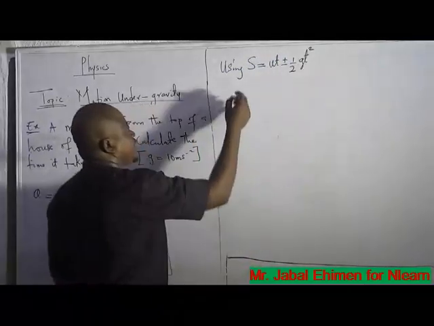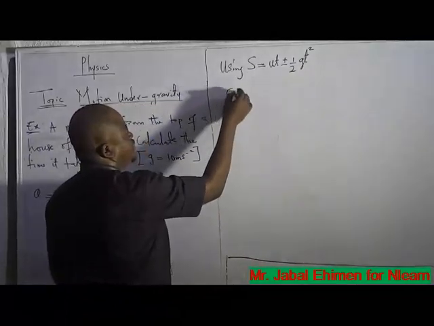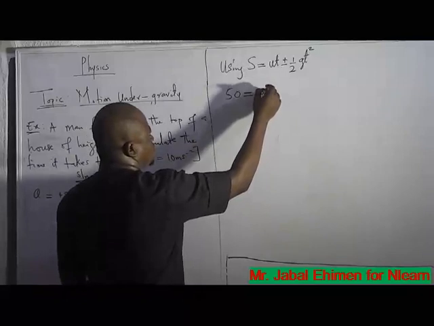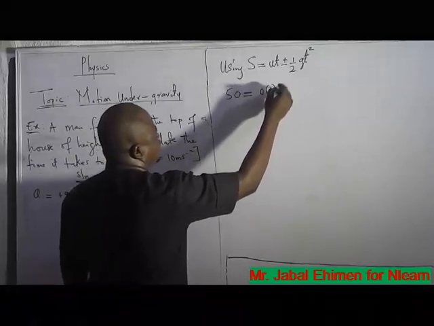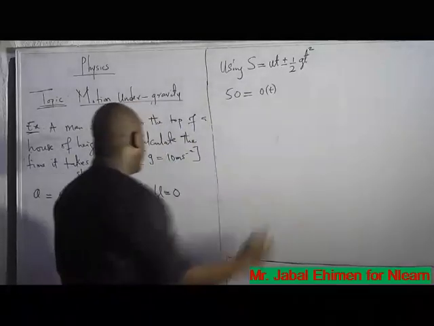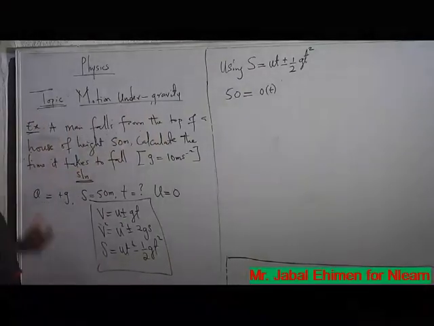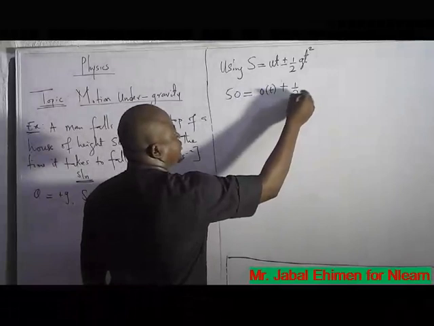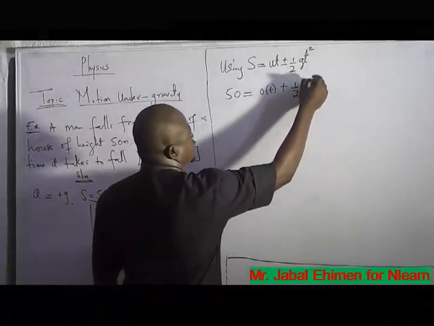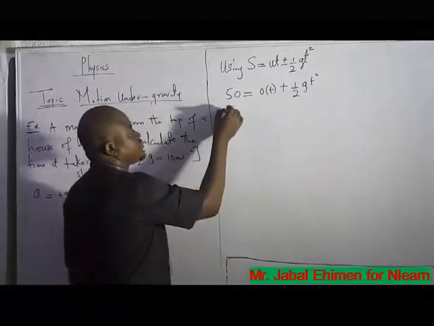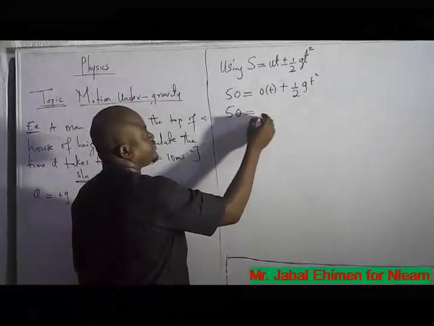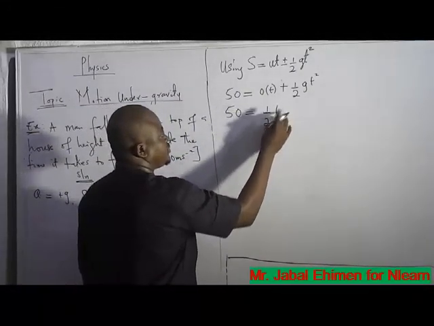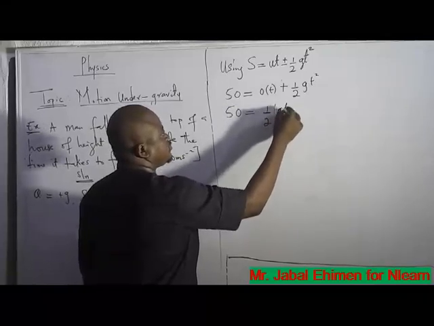So from here, the value of s is 50. So you have your u, which is 0, and you have your time, not known yet. Oh, the value of g, is it plus or minus? It is plus. So because of that, we'll have plus half gt squared. So I will have 50 is equal to half gt squared.